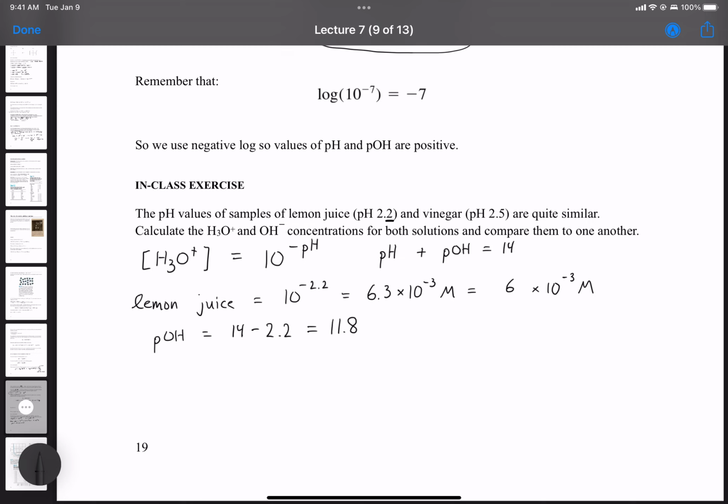Okay, so if we now take 10 to the negative 11.8, we will get 1.6 times 10 to the negative, I believe, 11th, but let me double check here. Let me see, 10 raised to the negative 11.8. So yes, we get 1.6 times 10 to the negative 12. And we should probably round this to 2.